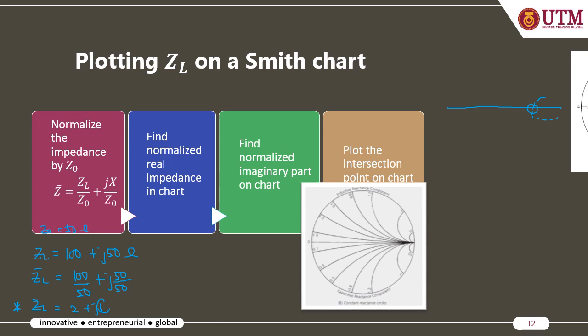The normalized imaginary part is 1. Refer to the crossing; since it is positive j, it will be on top. Here is 1.2, so 1 is somewhere here. This is the line for j1. Next, plot the intersection on the chart.